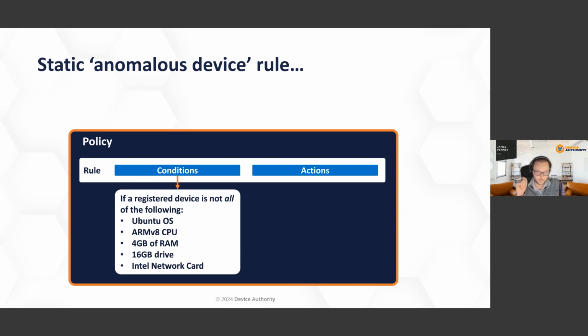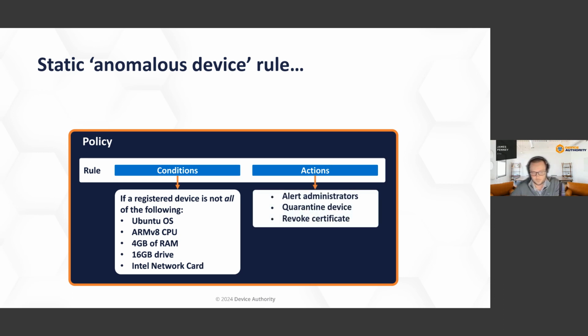Now I could use device groups, sure, but I'd still have to do 20 different device groups, and I'd still have to define 20 different devices, and it might change depending on who the vendor is for my particular project. So it does become unmanageable. If my device registers and it doesn't meet all of these criteria that I've laid out in the static definition, then surprise, surprise, I'm going to let the administrators quarantine the device, revoke the certificate.